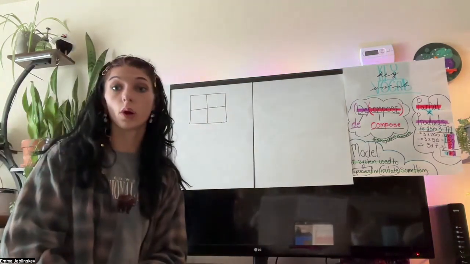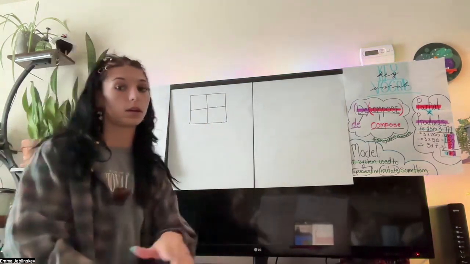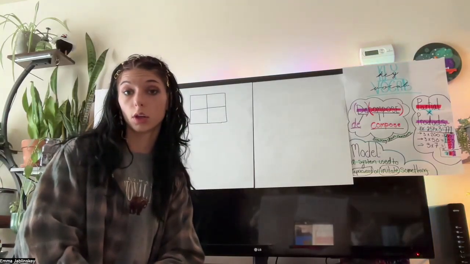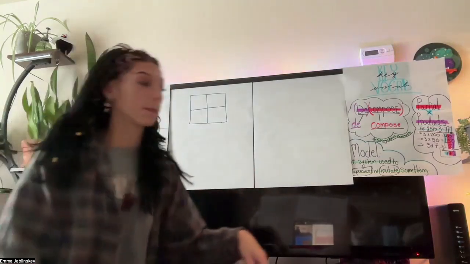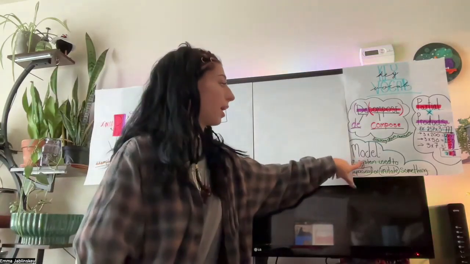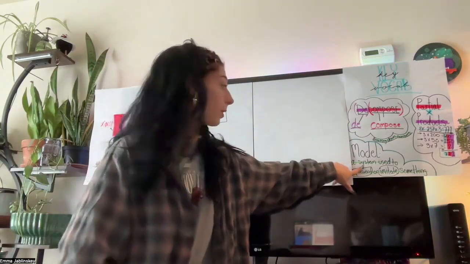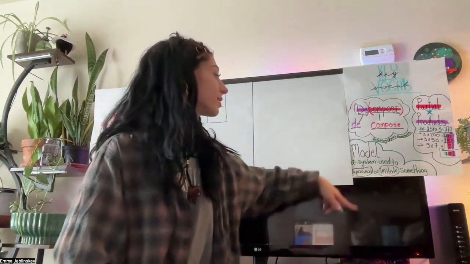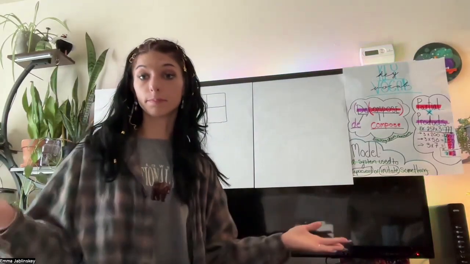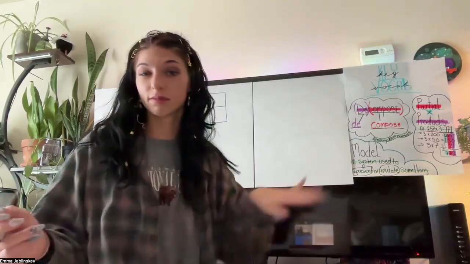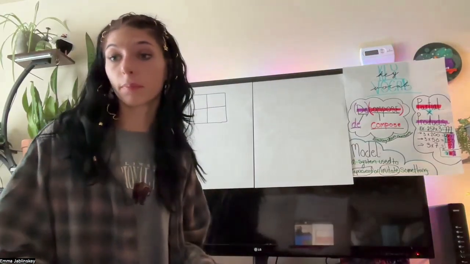We need to know how to use this drawing to model a certain operation. So, model, which I put our definition right here, is defined as a system used to represent or imitate something.